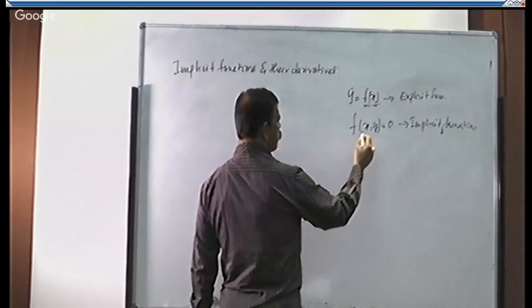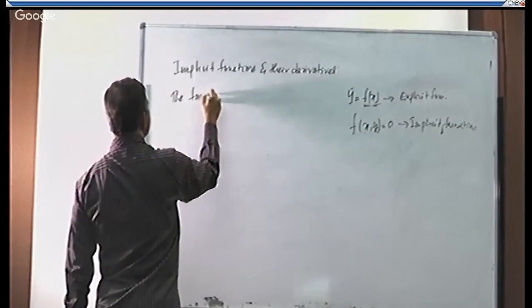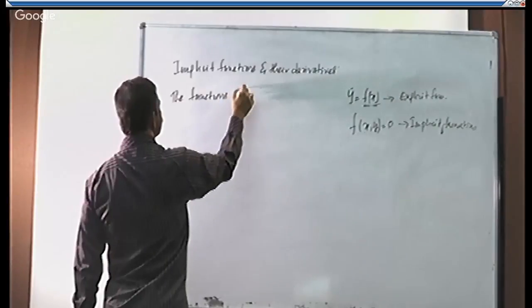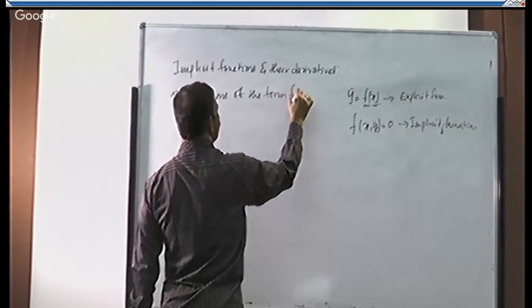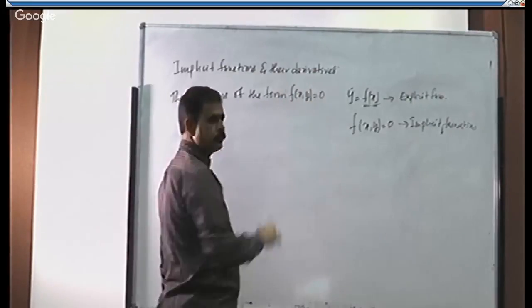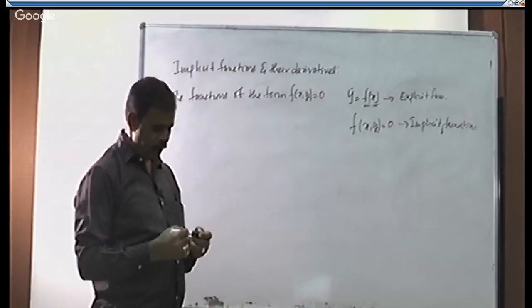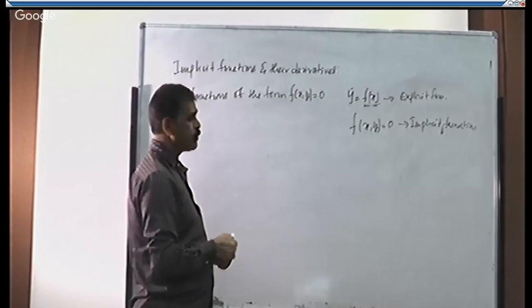Example, we can say the functions of the form f of x comma y is equal to 0. X, y may be in sum or difference or product or in the quotient form.